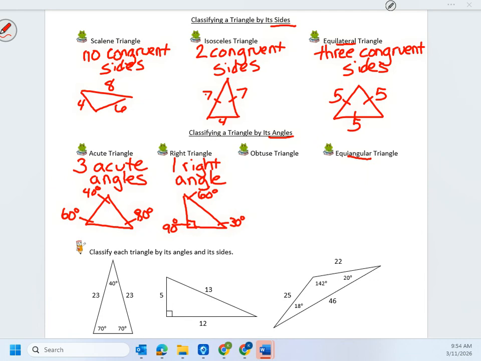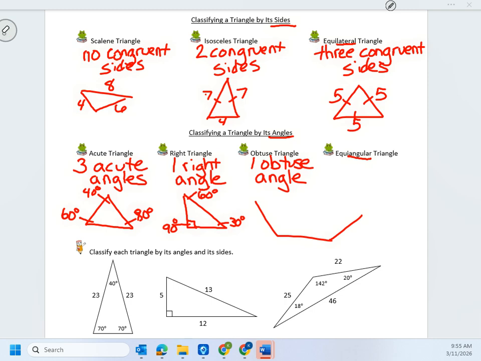Okay? Obtuse triangle. Haley. One obtuse angle. Now remember, an obtuse angle is going to be bigger than 90 degrees. So you have to have a big angle. Only one of them can be obtuse because if I put another obtuse angle on there, it's not going to be a triangle.